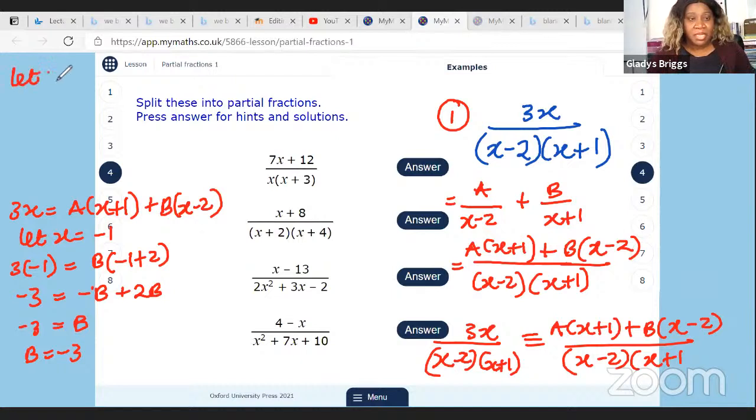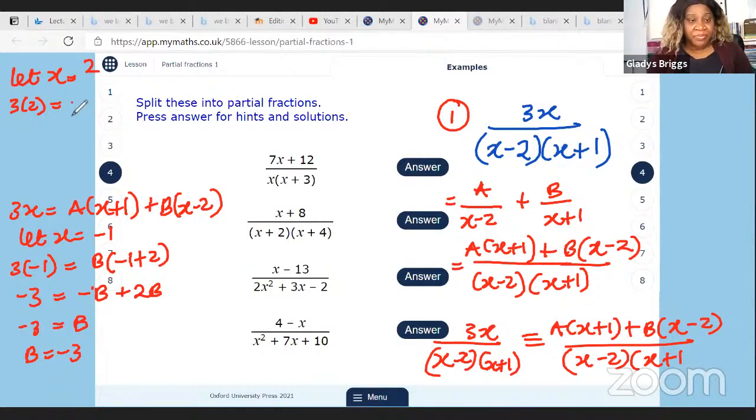Let x be equal to 2. Then 3 times 2 is equal to, of course, b is going to go off, a times 2 plus 1.